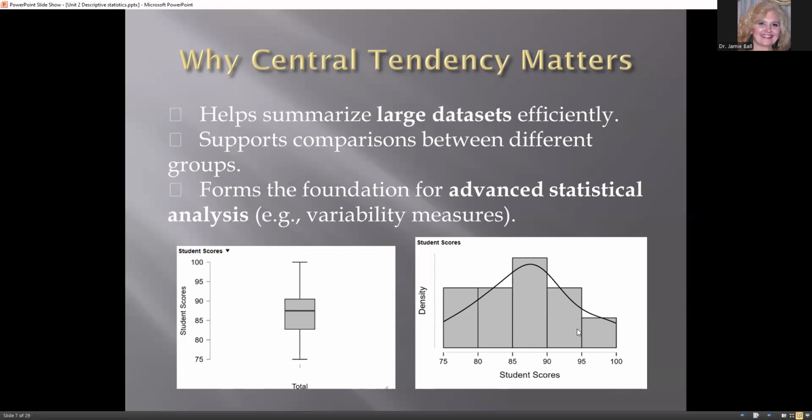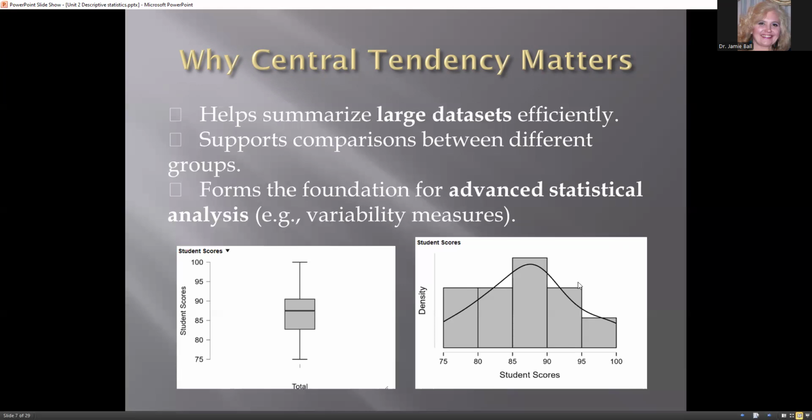Not quite, but in the box plot, we can also see our quartiles and this thick line here where the average score is. So using these kind of data sets, we can support comparisons between different groups.